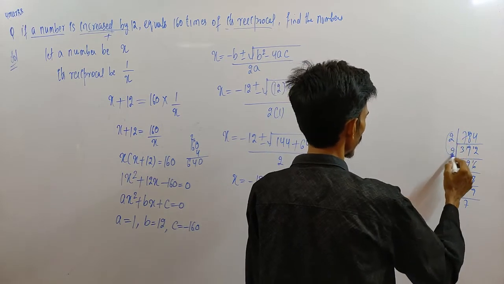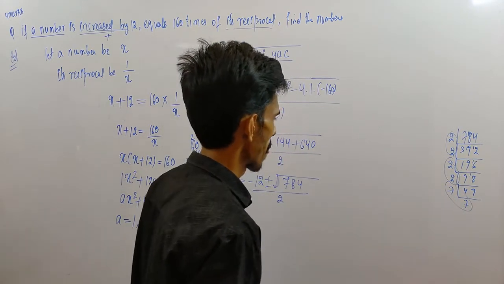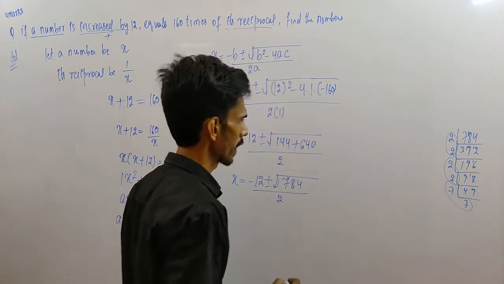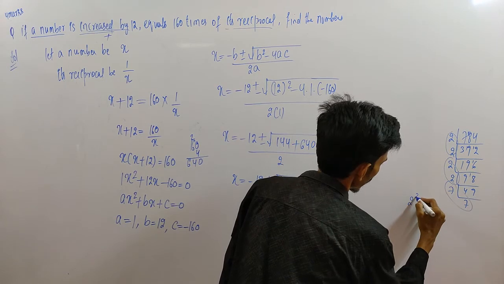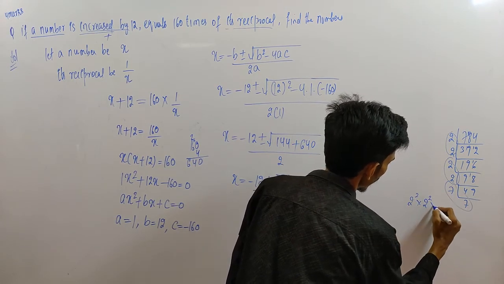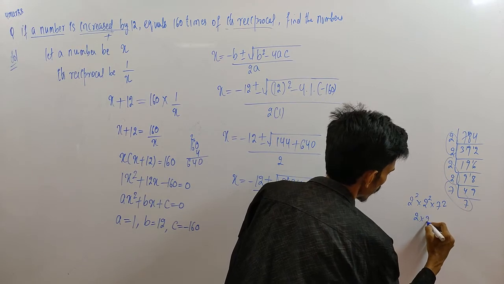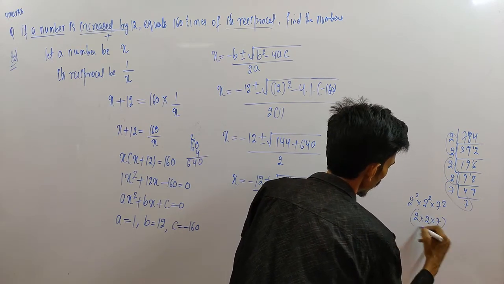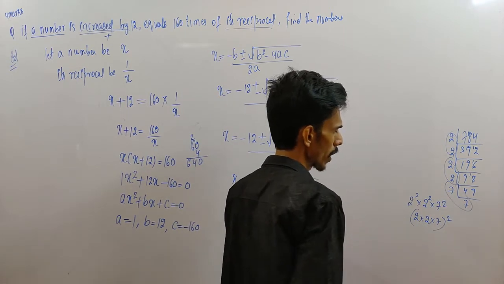So we have pairs. Now this can be written as 2² into 2² into 7². This can be written as (2 into 7)². 2 to the 4, 4 7s are 28.